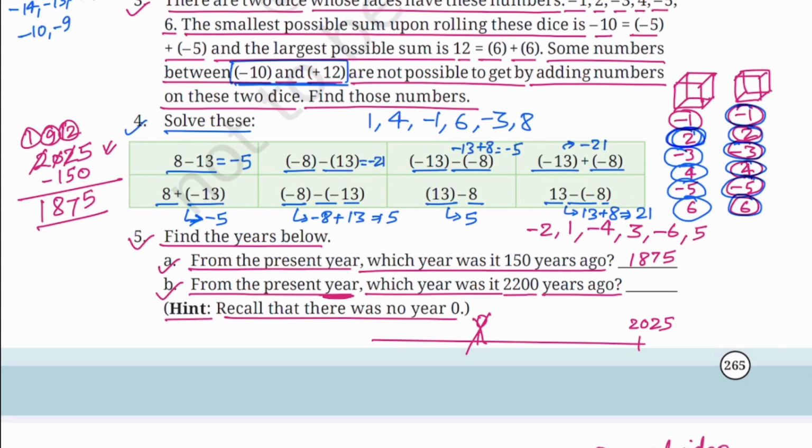You have to remove 1 year after calculating, and you have to move 2200 behind. That means you can move 2025 here and the remaining 175 after that, you will get minus 175. Since there was no year 0, you have to subtract 1 from minus 175. The answer will be minus 176.